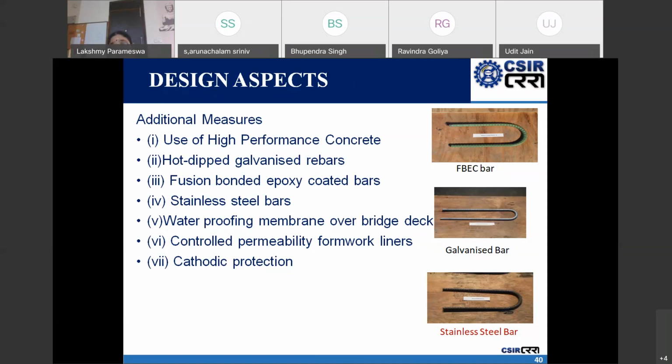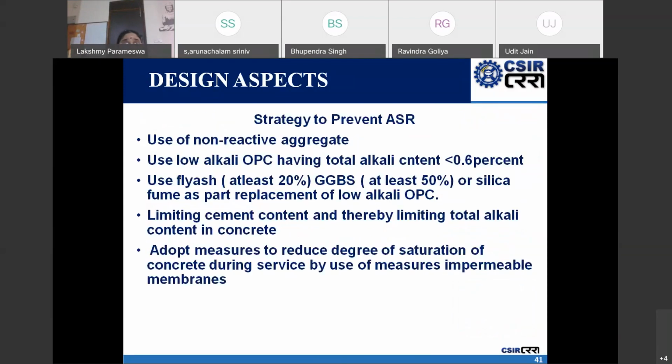As I told you, the cover concrete is very, very important. So how we can have an impervious cover for the bridge, that is very important, and the cathodic protection. So these are some additional measures, but one has to understand that the first requirement is to provide a quality concrete for the bridge construction.